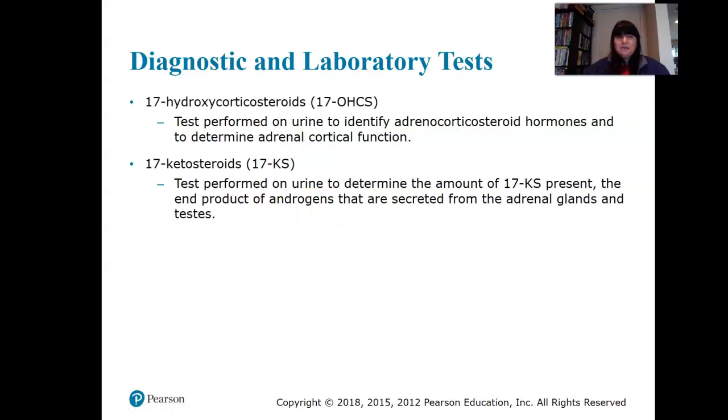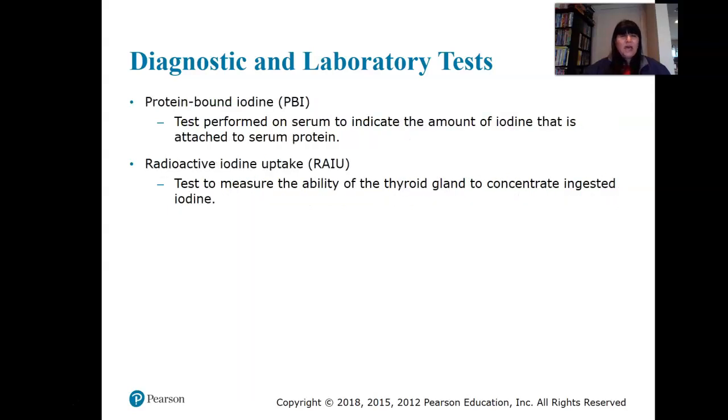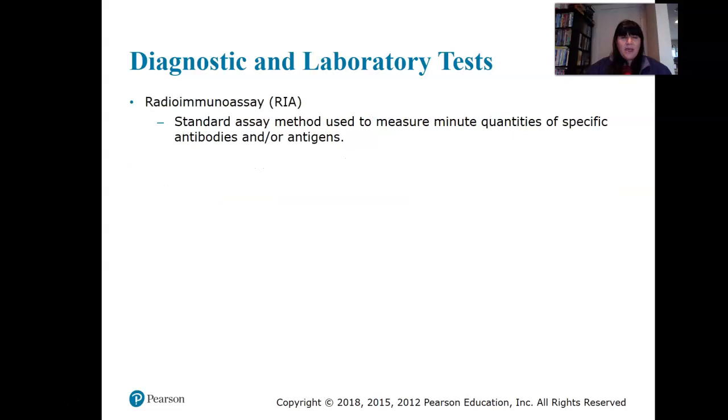Urine tests, we could do that, another urine test. Here on the serum, so blood test, radioactive iodine, looking at the thyroid gland, because yes, a goiter is where the thyroid gets really big and actually can be fixed with food, if they get iodine in their diet.